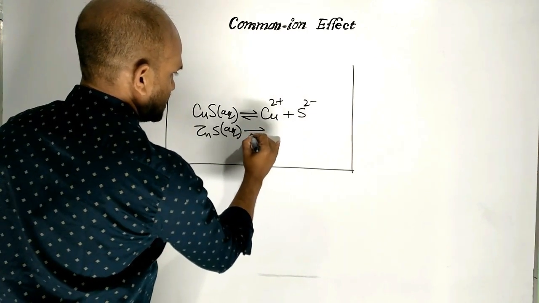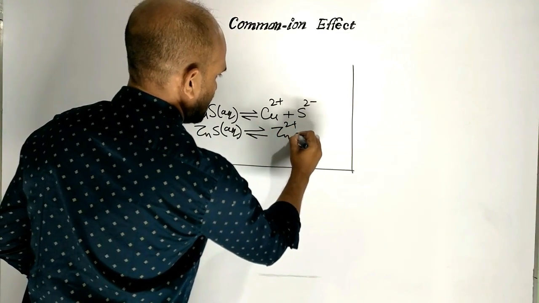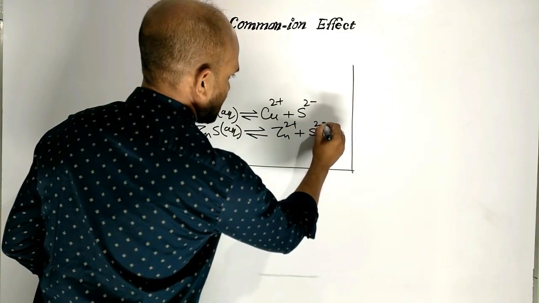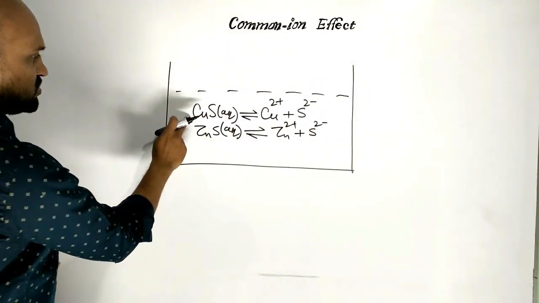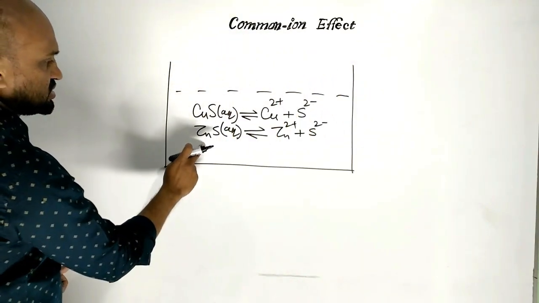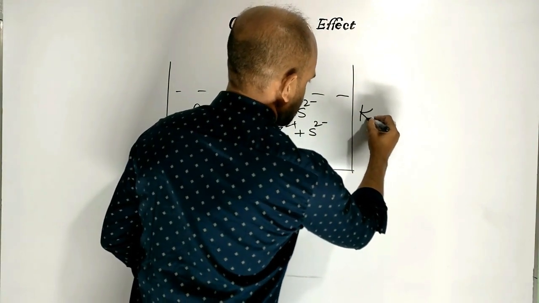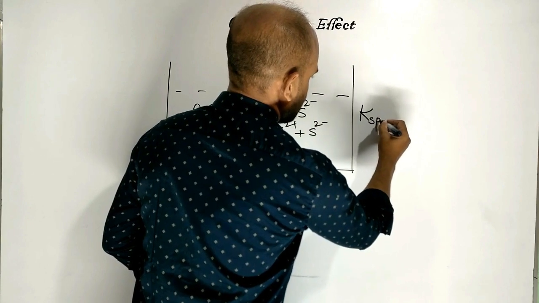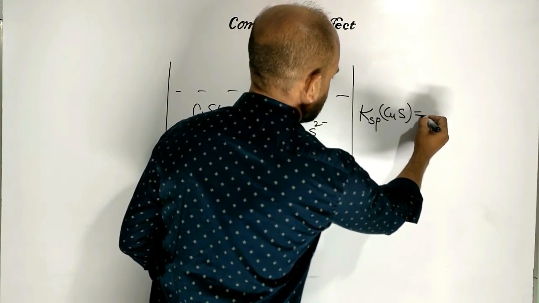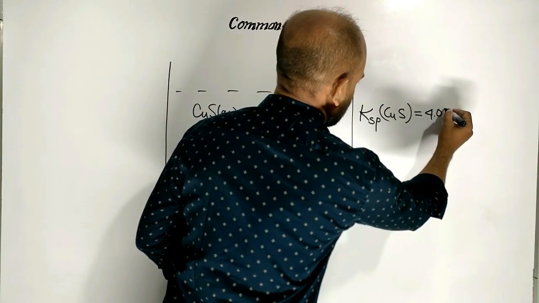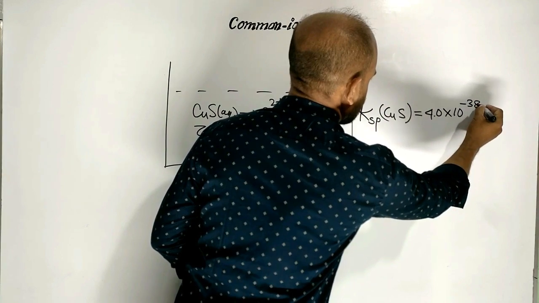Similarly, zinc sulfide ionizes to zinc ion and sulfide ion. Here, solubility product of copper sulfide is 4.0 times 10 to the power minus 38.